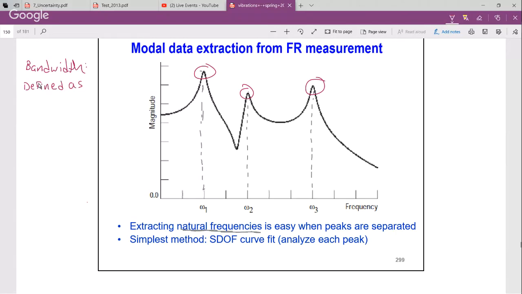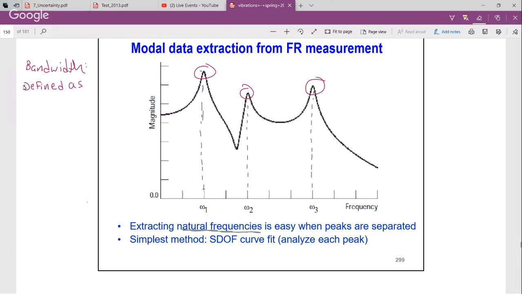This applies in vibrations, as well as in controls and other dynamic areas. You come down to what are called the half power points. What the heck is that?